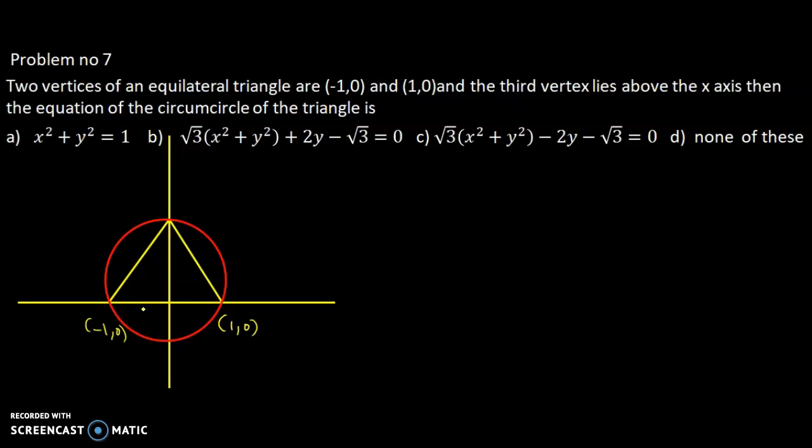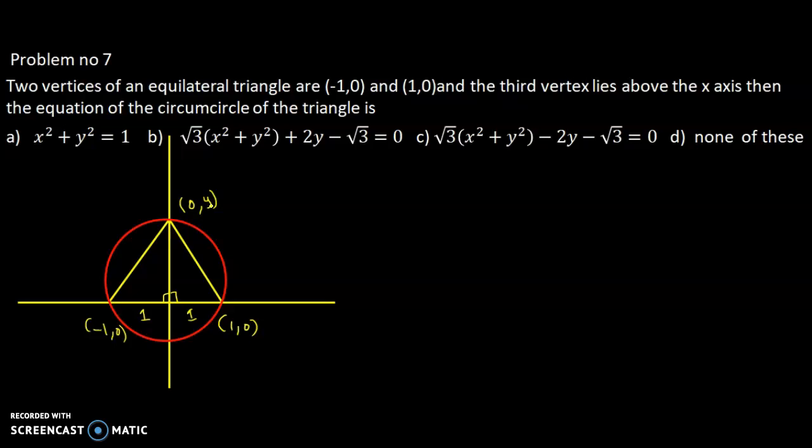The first thing is the third vertex exactly lies on the y-axis, because the perpendicular from a vertex to a side always bisects this side, and clearly this is 1 centimeter and this is also 1 centimeter. So the perpendicular from the third vertex bisects the side, so the third vertex will be exactly on the y-axis. Therefore the coordinates of that point will be (0, y).